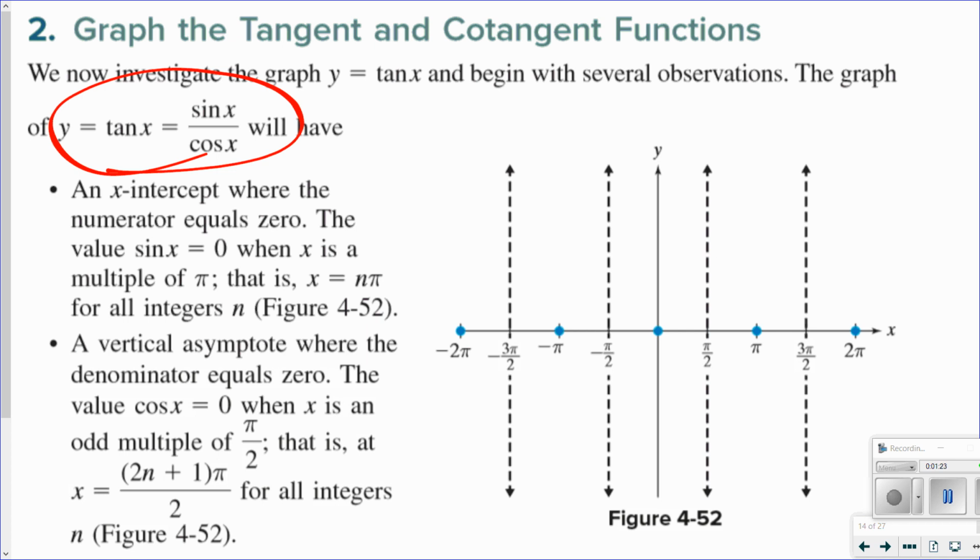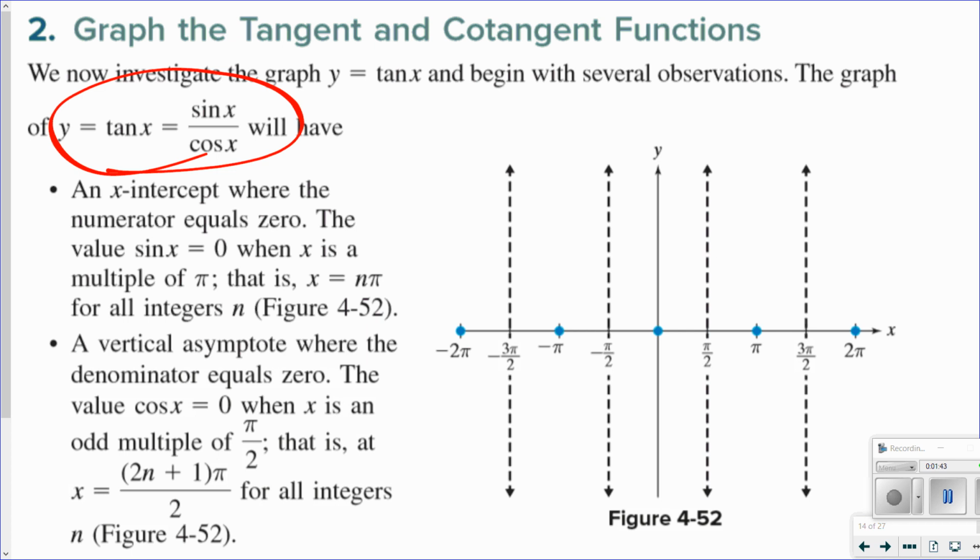So grab your parent function sheet and your notes, and let's get going. We're going to start right away with the tangent function, and as I just said, tangent is sine over cosine. When does a fraction equal 0? That's when the numerator equals 0.